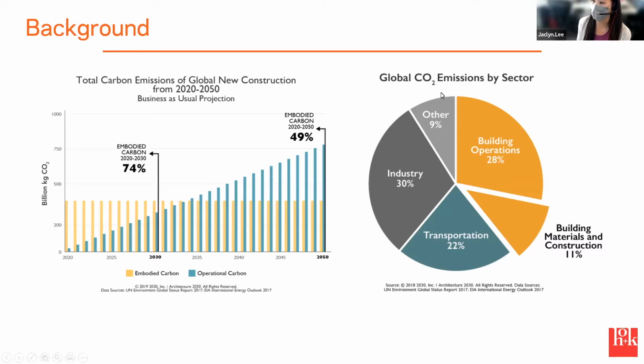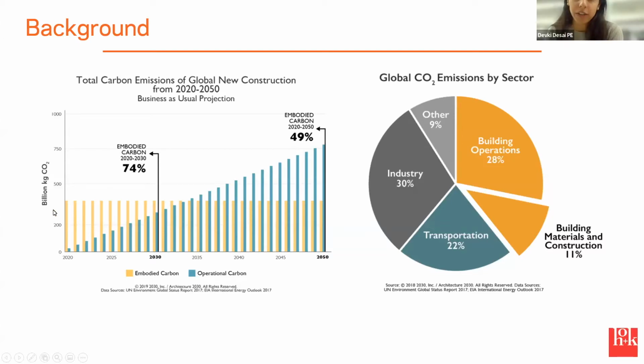On the right here, we have a pie graph showing global emissions by sector. Building materials is at 11%, and operational is a total of 39%, so it does make up a big portion of it. And on the left, if we were to continue business as usual, by 2050 operational carbon is just going to keep going up and up.